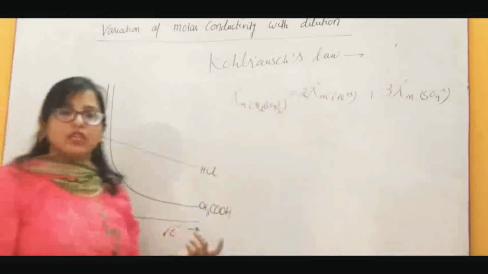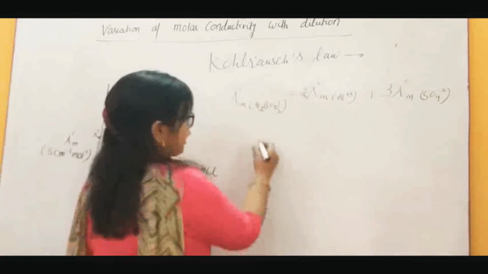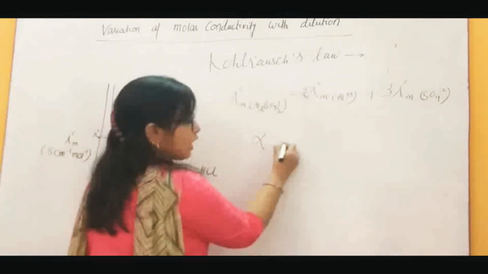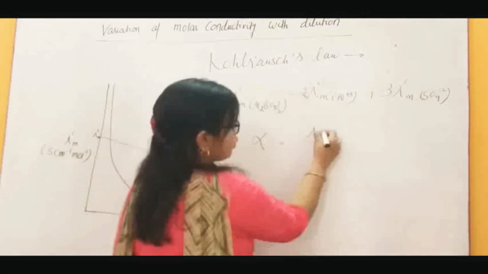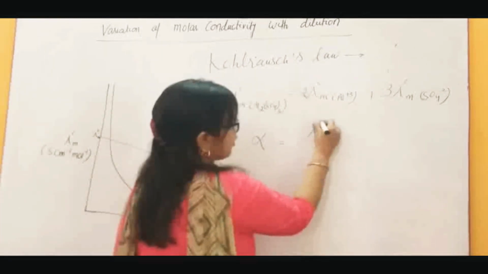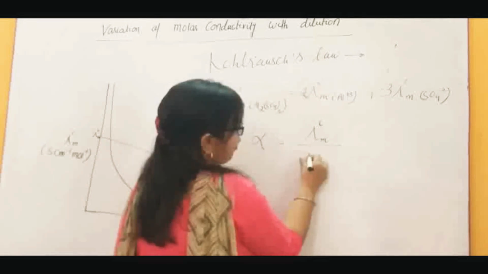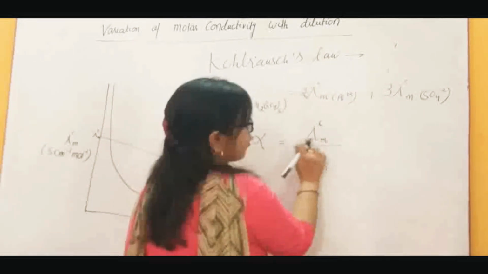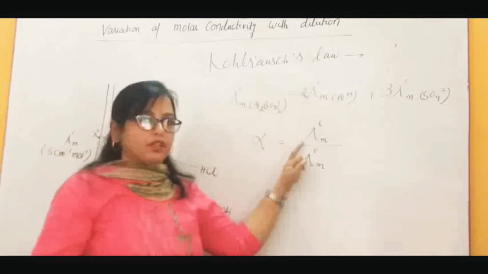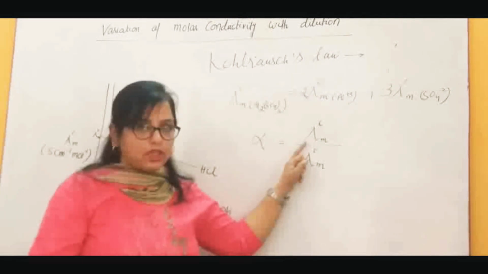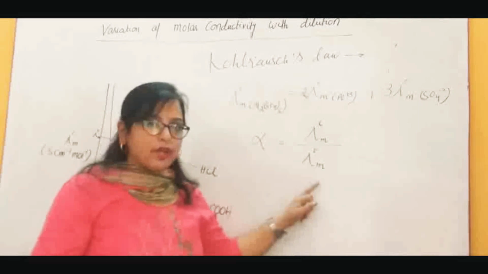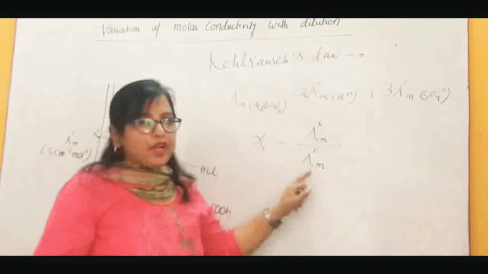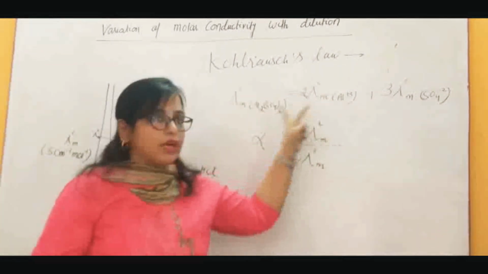Now what is another use? Another use is the degree of dissociation, alpha. Degree of dissociation can be calculated by using this formula, lambda Cm upon lambda naught m. What is meant by lambda Cm? The molar conductivity at the concentration given in the question is known as lambda Cm, and lambda naught m is the molar conductivity at infinite dilution, which you can find out by this method.